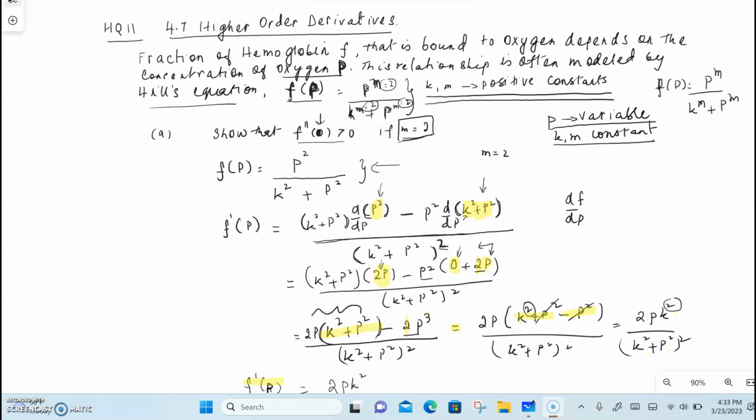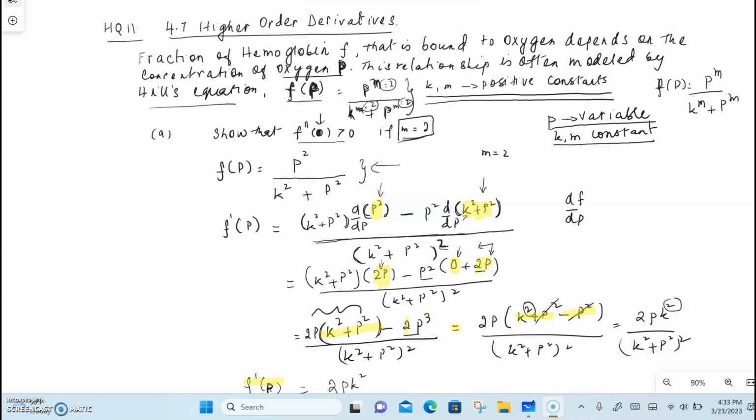So in this question, we have a function F, which is the fraction of hemoglobin that is bound to oxygen, and that depends on the variable P, which is the concentration of oxygen.